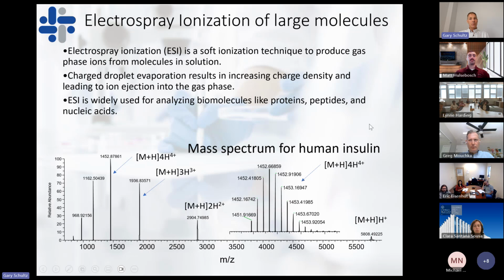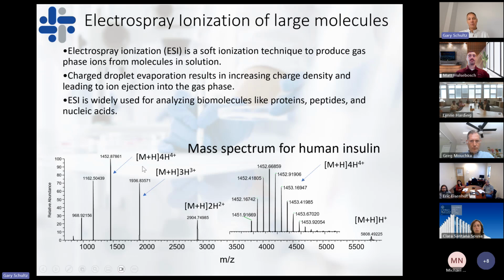For electrospray ionization on large molecules, the larger the molecule, the more proton sites are typically available to add protons during the electrospray process. That's a really huge advantage when trying to analyze large molecules such as large peptides and proteins, in that the mass range of these analyzers does have a limit, particularly with quadrupoles.